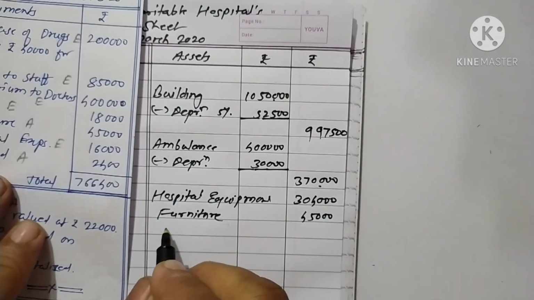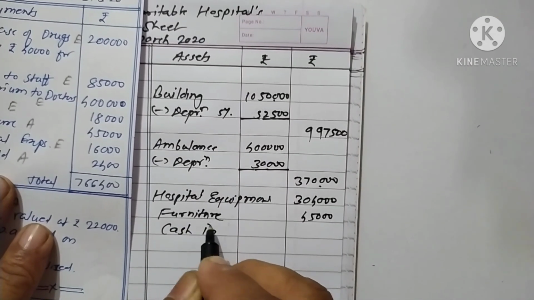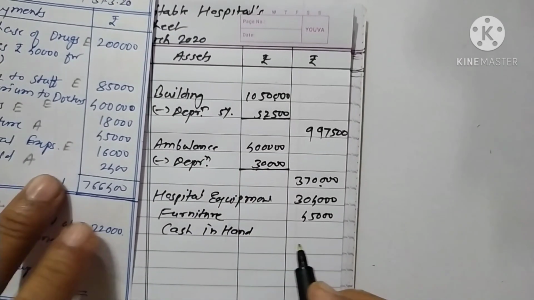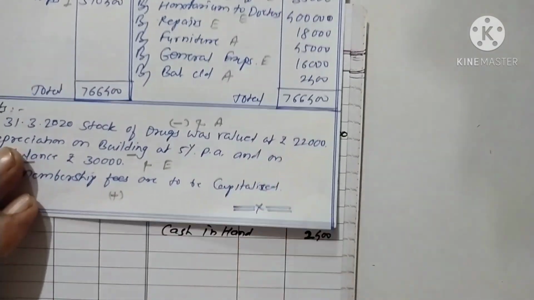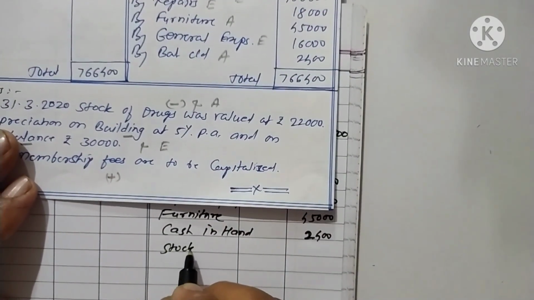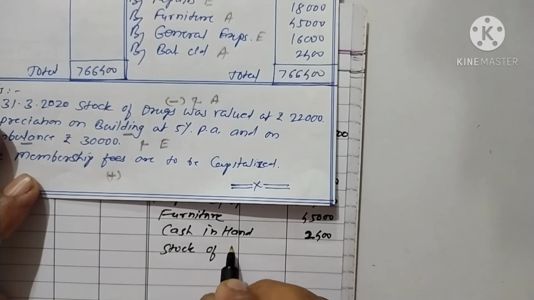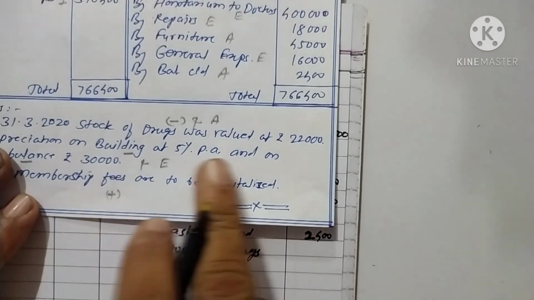Now cash in hand, rupees 2,400. Next is stock of drugs, rupees 22,000.